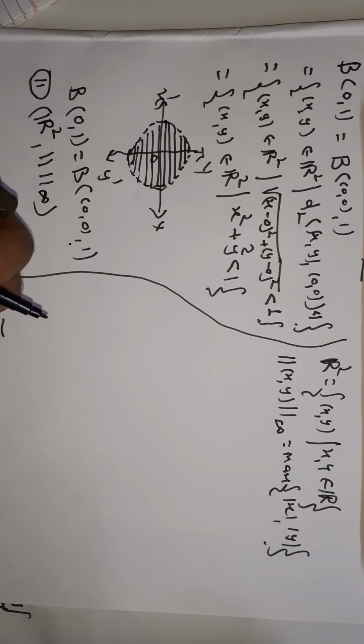The infinity norm on the set R2: the infinity norm of the point x, y is equal to the maximum of mod of x, mod of y.